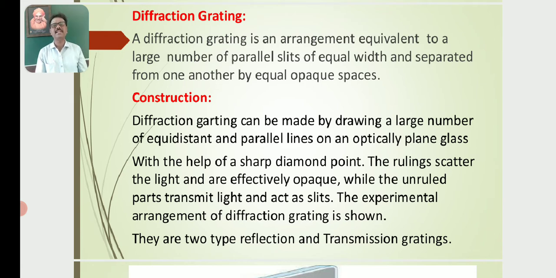The rulings scatter the light and are effectively opaque, while the unruled parts transmit light and act as slits.